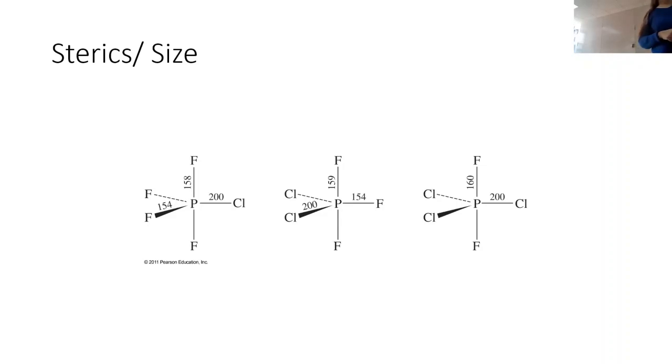So we're going to pay attention to bond lengths, both on the equator. Remember, we talked about equatorial attachments and the axial attachments. You'll notice that for the phosphorus to the fluorine on the axial attachment, it's just shy of 160, and that doesn't change a whole lot no matter how many fluorines we have.